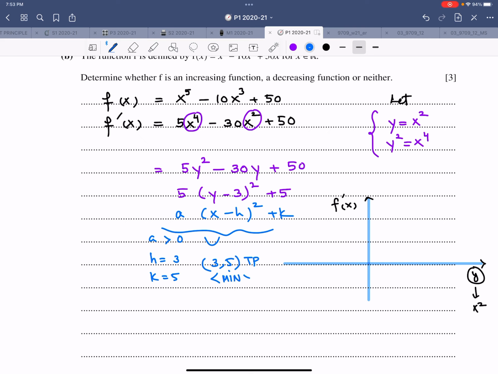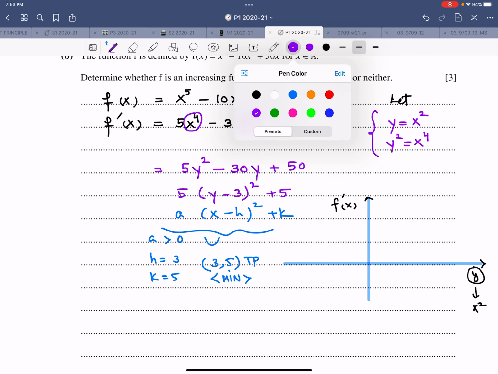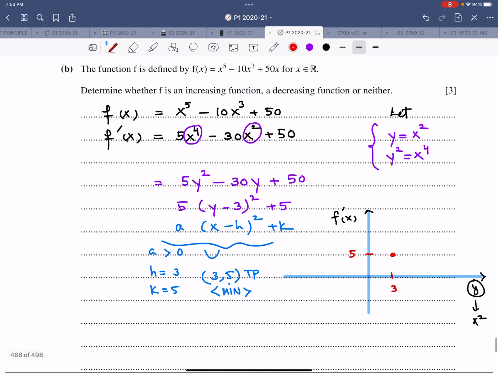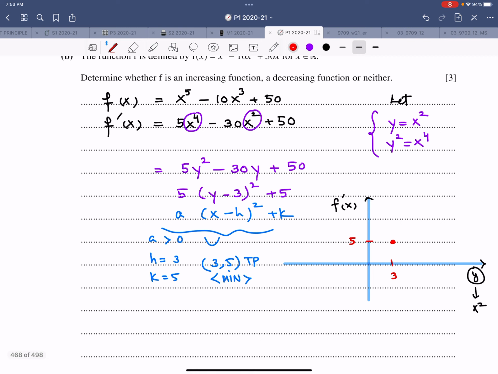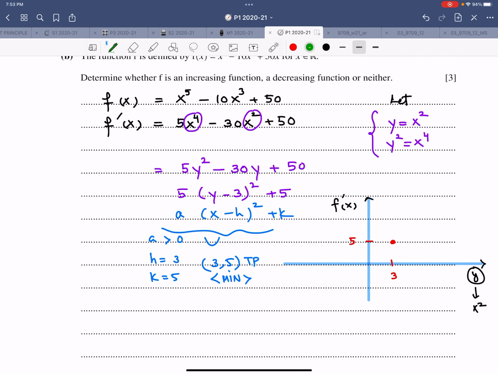So if I label this, this is 3, somewhere here is 5, this is the turning point, and it's for all real values. So the graph goes like this. And let me pull it down and make it pass through the turning point.